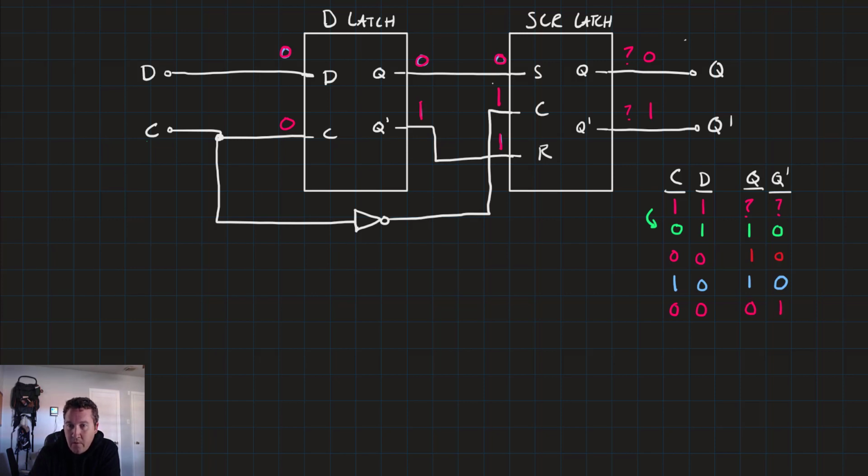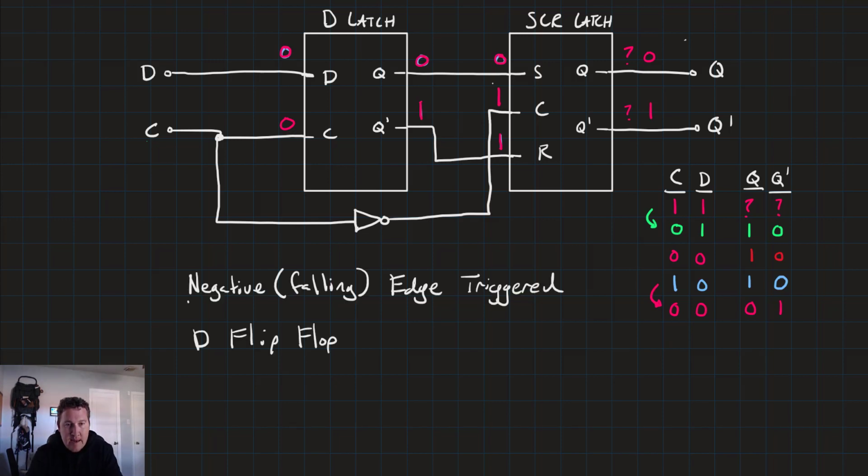So 0 and 1. Again, notice that the change happened when the C input on the D latch went from 1 to 0. That makes this D flip-flop a negative or falling edge triggered D flip-flop. So the trigger is whenever there's a falling edge on C, the control, when C goes from 1 to 0, at that moment, whatever D was gets deposited into Q, right?